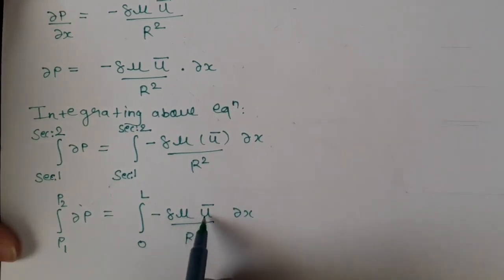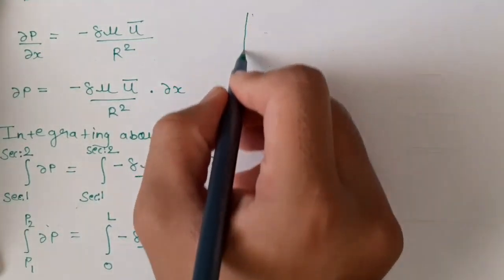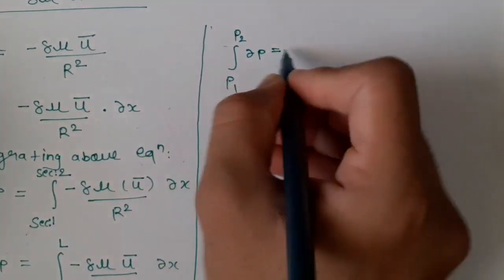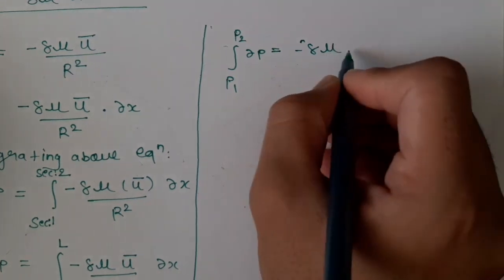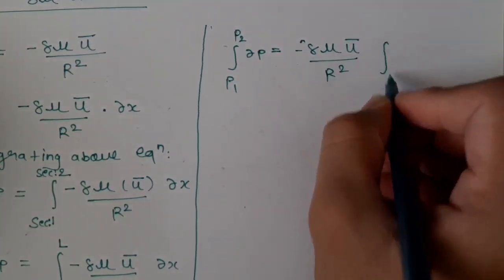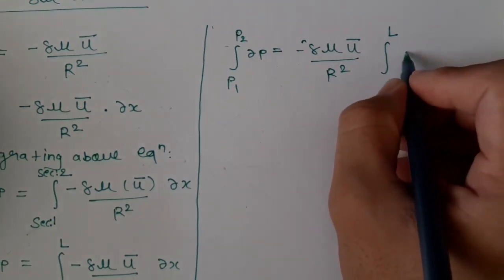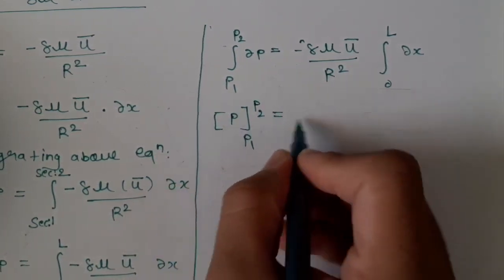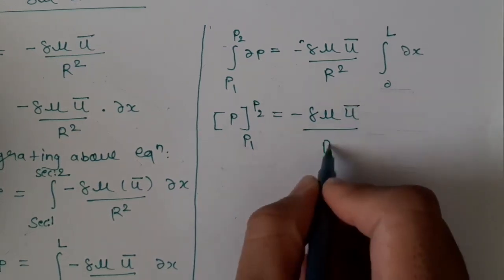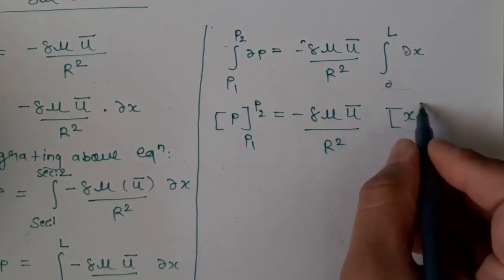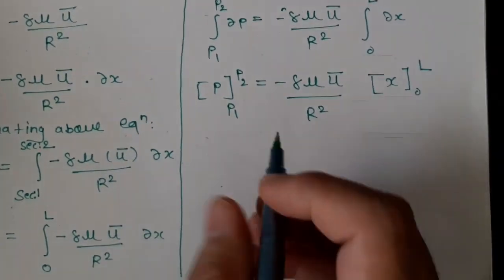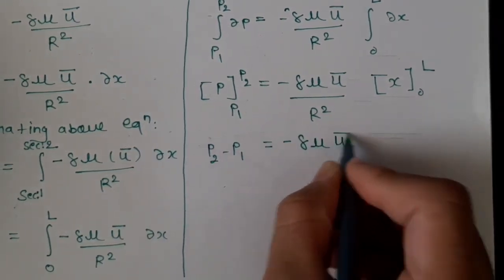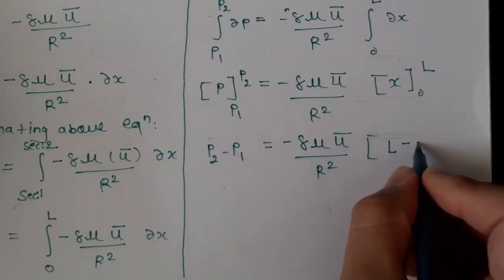Here minus 8 mu U bar upon R square is constant, so taking it out of the integration, it will be integration P1 to P2 of del P, which equals minus 8 mu U bar upon R square into integration 0 to L of del X. So this is P2 minus P1 equals minus 8 mu U bar upon R square into L minus 0.